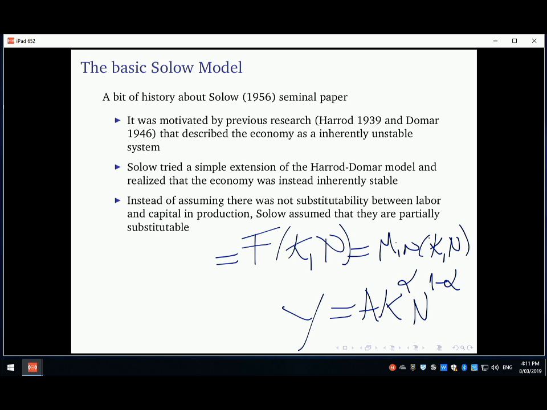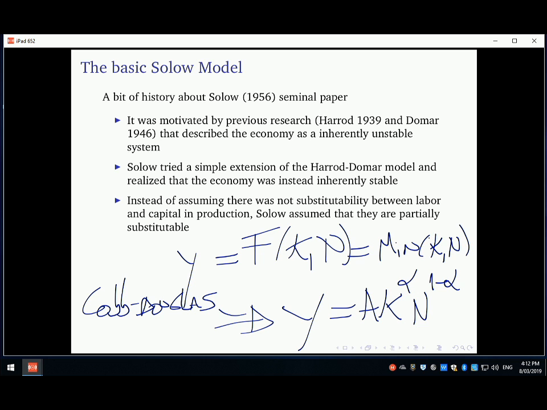So this is why. Okay? So just by making that change, he gained a lot of insights that we'll study today. Okay? So this partial substitutability is the Cobb-Douglas production function below here. So this is what is called the Cobb-Douglas production function.